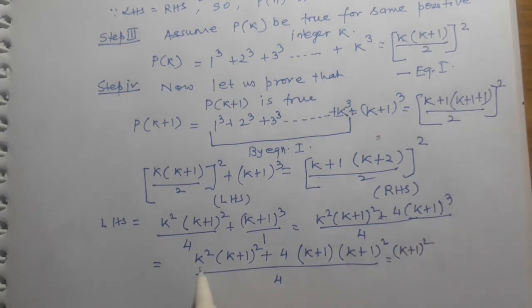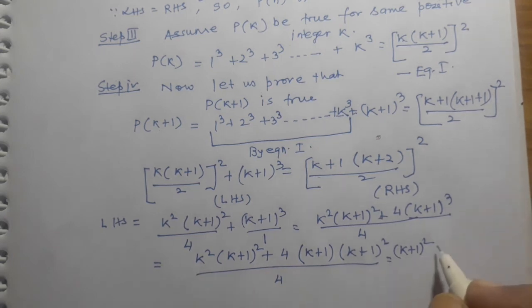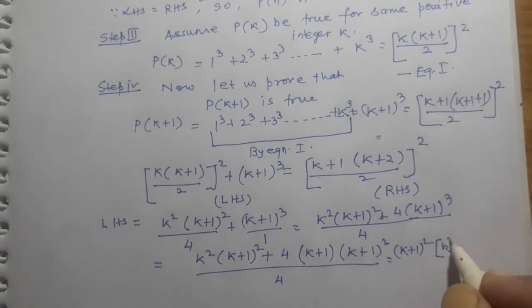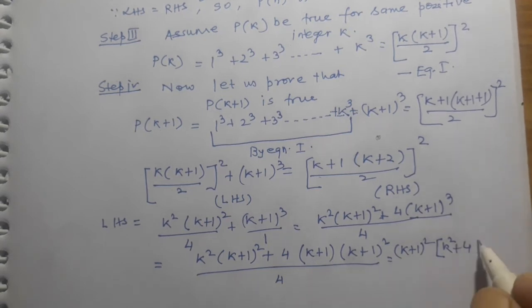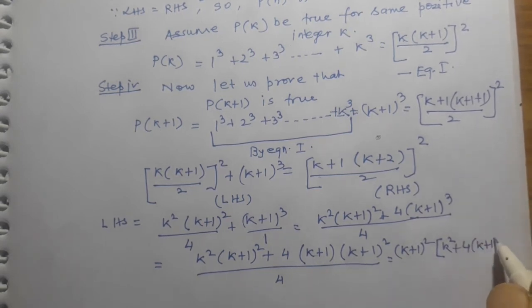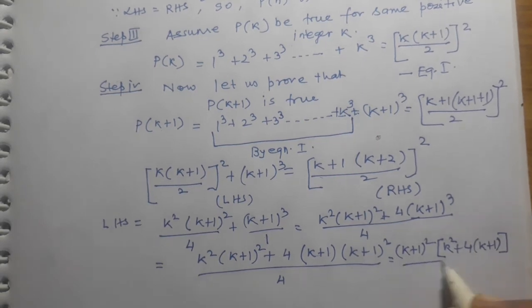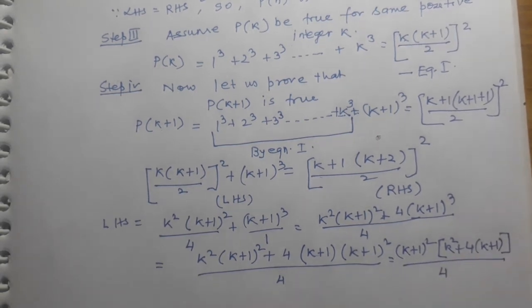So only k square is remaining, and here plus 4 into k plus 1 remains, all over 4.